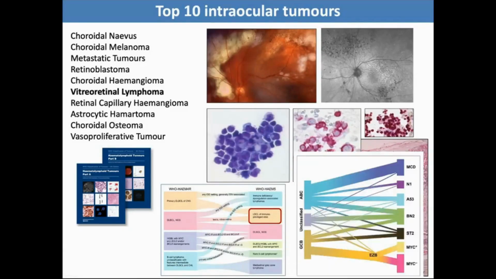As I mentioned, these are high-grade B-cell lymphomas. They tend to be diffuse large B-cell lymphomas of ABC subtype, or also now, according to the expression profiles, the MYD88 and CD79A mutant subtypes.